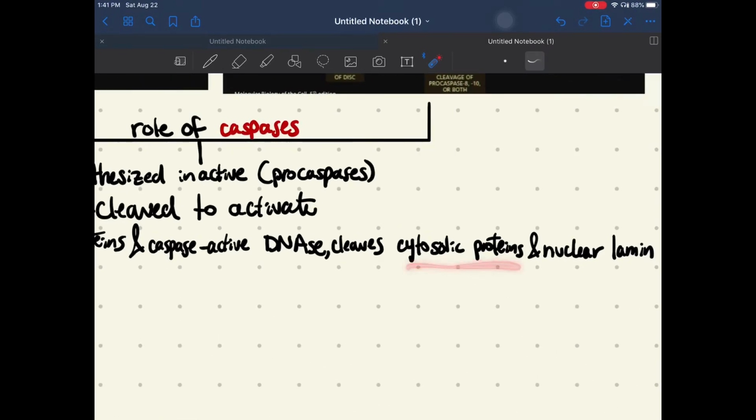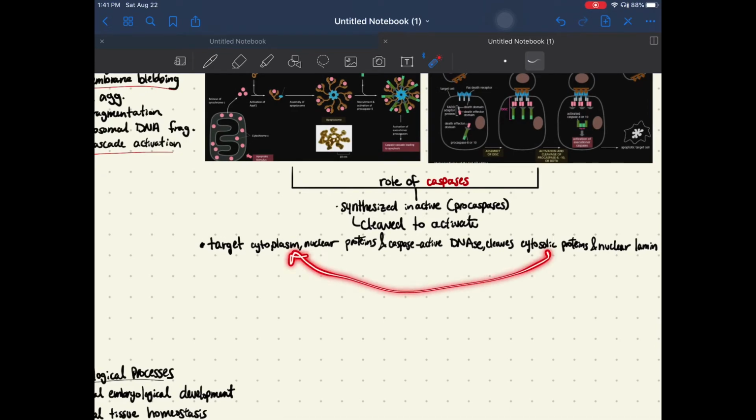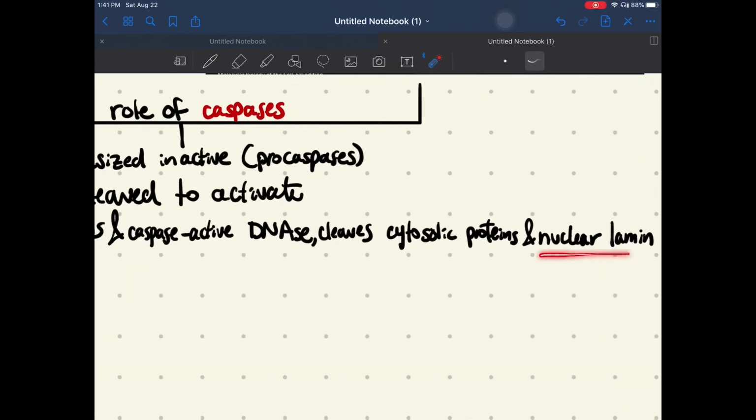You also cleave your cytosolic protein, so it's the same thing as targeting your cytoplasm, and it destroys your nuclear lamin. Your nuclear lamin is important because in the nucleus of your cell, your nuclear lamin is actually what keeps that nucleus intact.